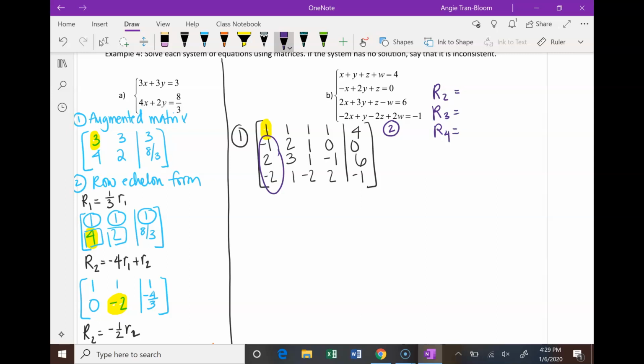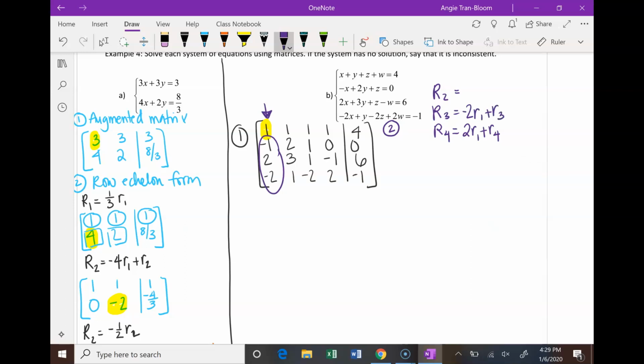To do so, I'll start with row 4. Remember, I want to get the negative 2 in row 4 to become a 0. So we will multiply its opposite, which is 2, times row 1, because that's the only one with the 1, and then add itself. Same thing with row 3: we're trying to get 2 to become a 0, so its opposite would be negative 2 times row 1 plus itself.